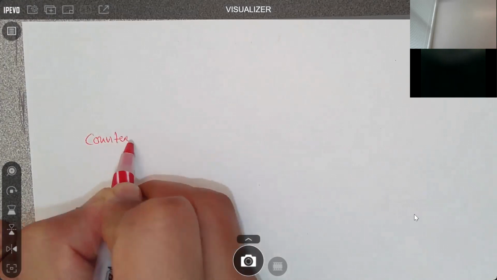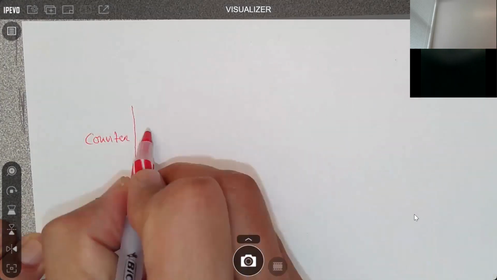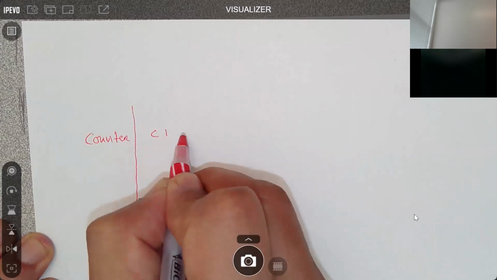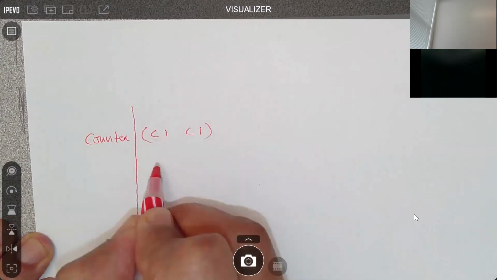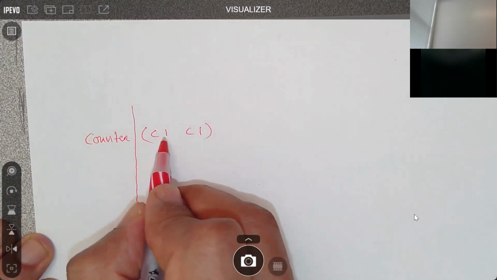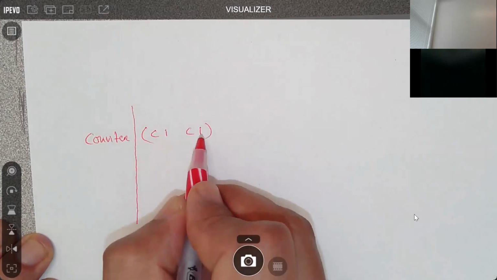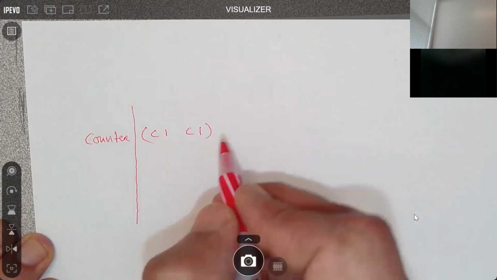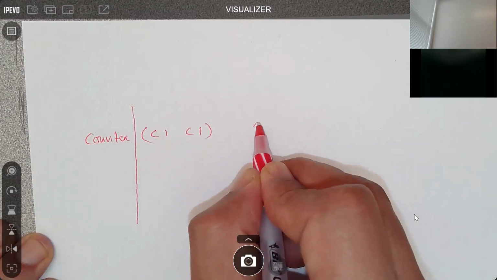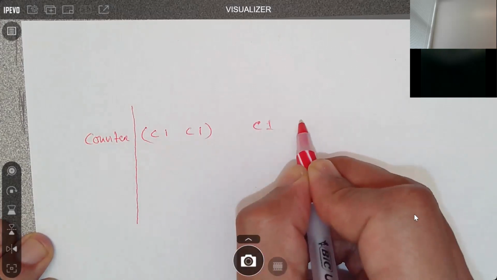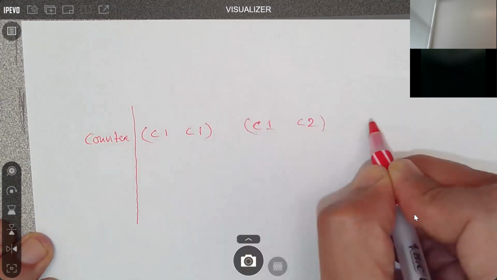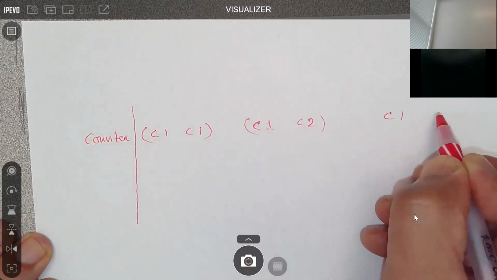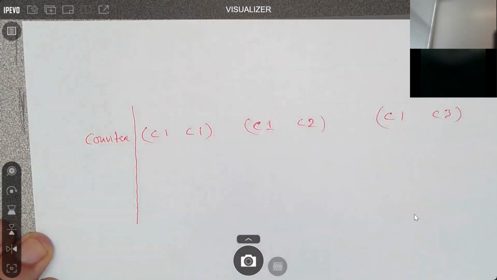Say we have the counters here. The first customer chooses counter 1 and the second chooses counter 1; first counter 1 and second counter 2; first counter 1 and second counter 3.